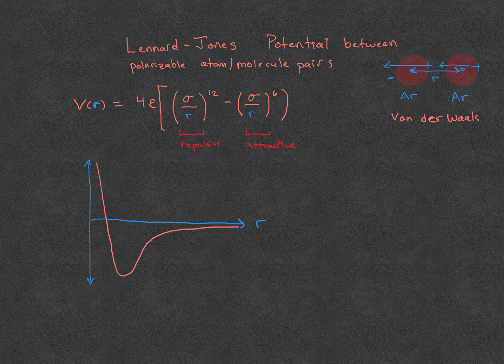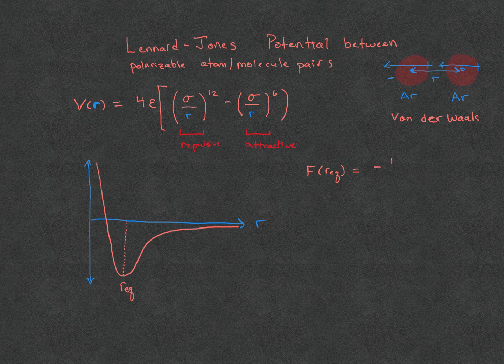There is a minimum, or an equilibrium separation, which I'm going to call R_EQ right here. And that's where the potential is a minimum. And just a question for you all to think about, and we're going to discuss this in lab today. At this value, R_EQ, what would happen to the force?